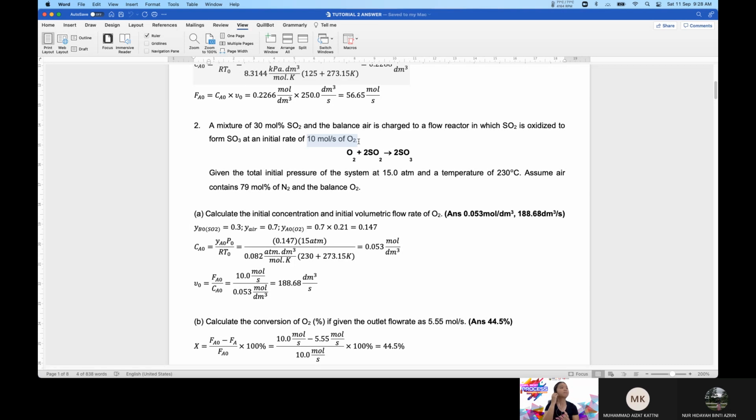So in this case, if you check the literature or the application, they will tell you specifically which one is the reference reactant. But let's say in this question, it does not tell us the reference reactant.